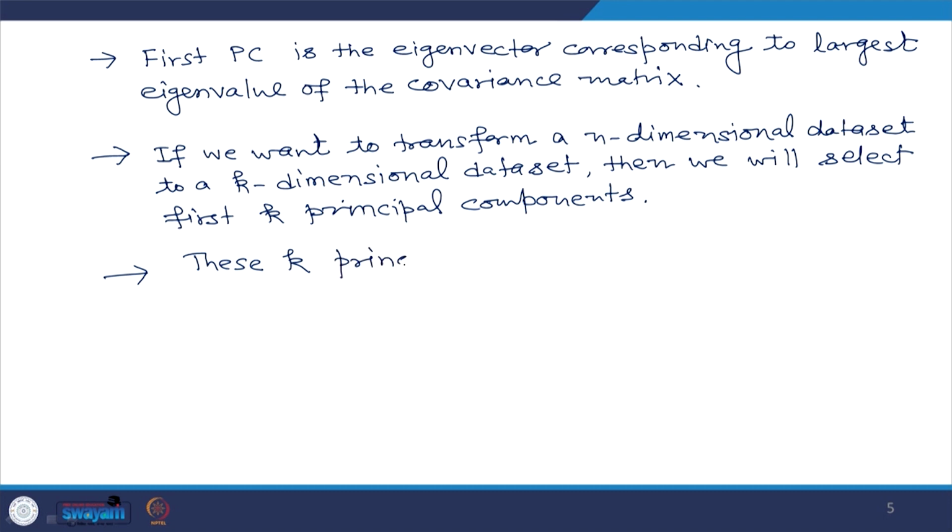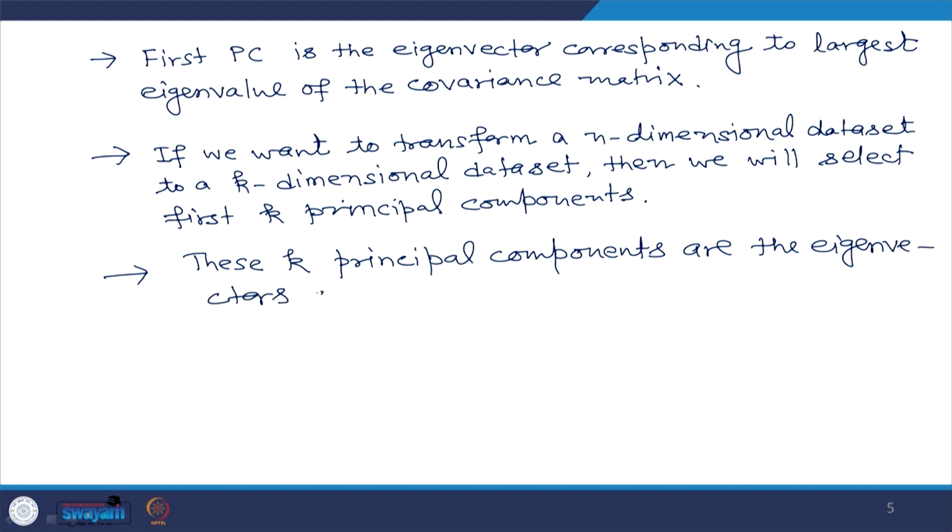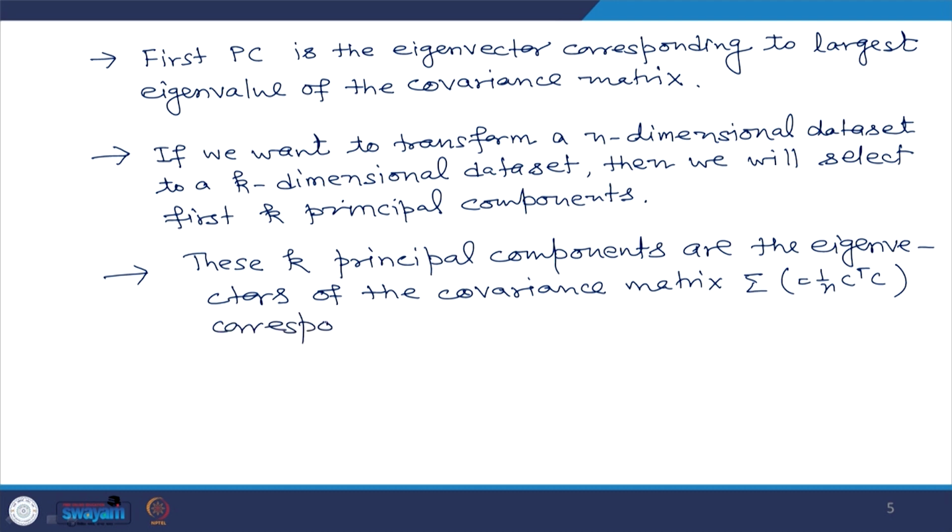And what are these k principal components? These k principal components are the eigenvectors of the covariance matrix Sigma, which is nothing but 1 by n C transpose into C, where C is the data matrix, corresponding to the top k largest eigenvalues.